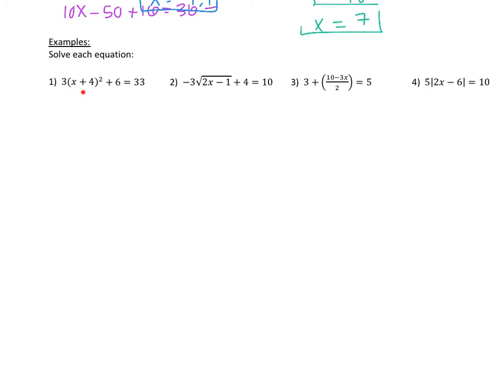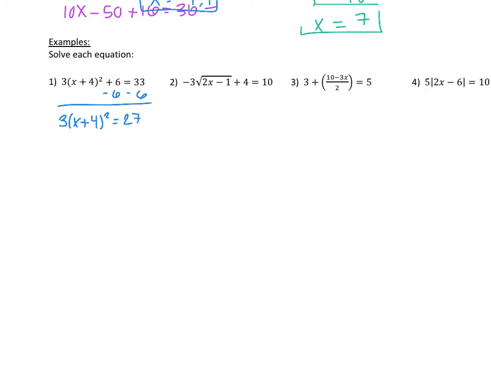I can't address all this stuff happening to x until I get rid of this 6 first. So the first thing I'm going to do is subtract 6 from both sides, and then continue undoing. So that'll be 3 times x plus 4 squared equals 33 minus 6, which is 27.